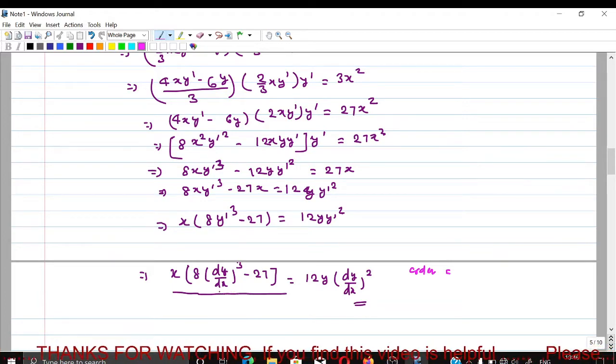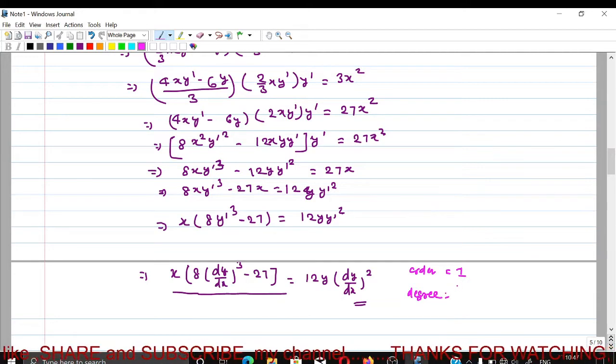The order is 1. And what is our degree? Degree is the power of the highest order derivative. So the highest power is 3, so the degree is 3.